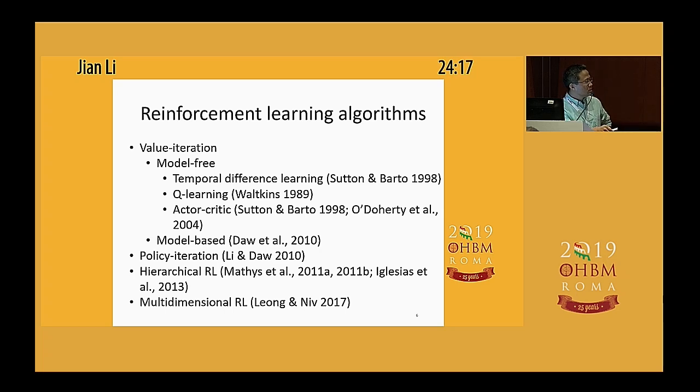Of course, you can get even more complicated with hierarchical reinforcement learning and multidimensional reinforcement learning. Those are the classic papers you might want to refer to if you're interested. Today, for the sake of time and popularity, I'm going to talk about three types of reinforcement learning: TD and Q learning, and the model-based ones.